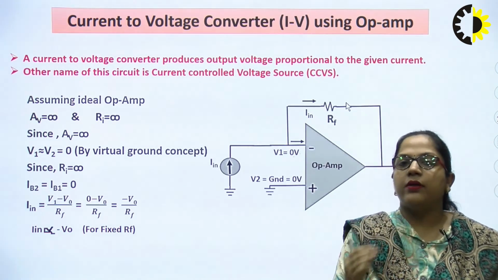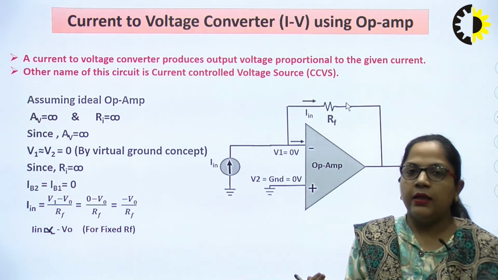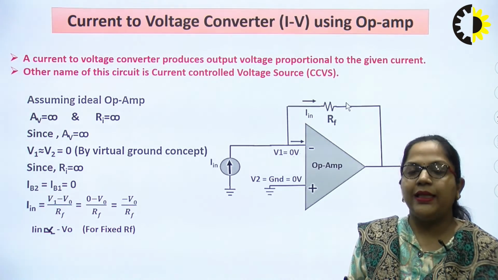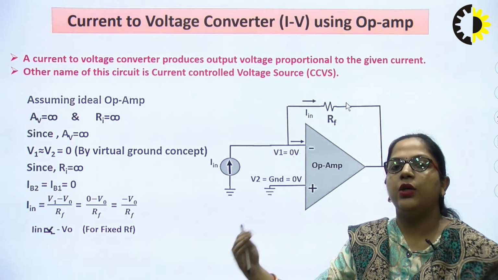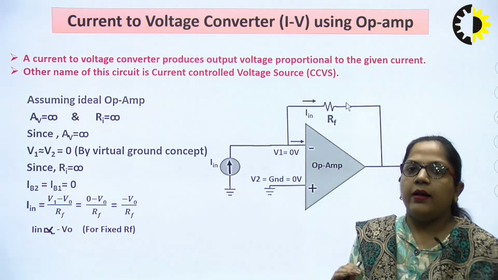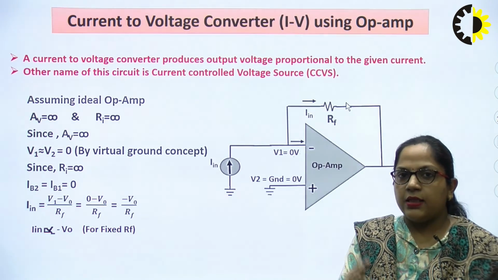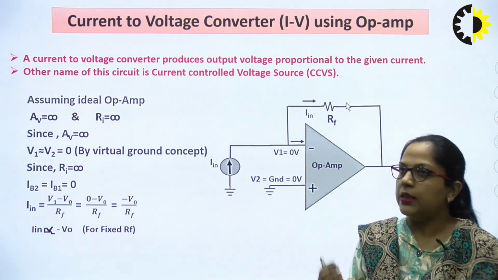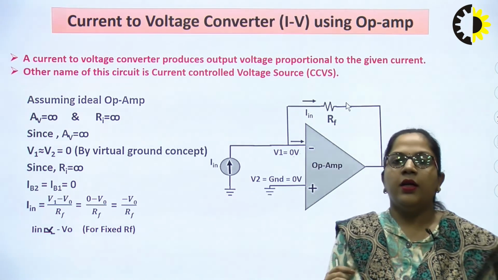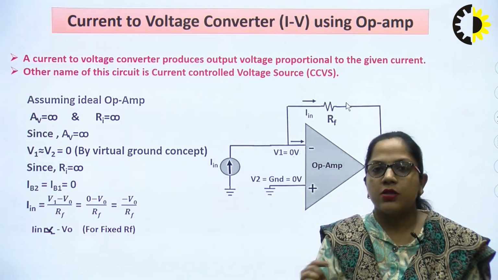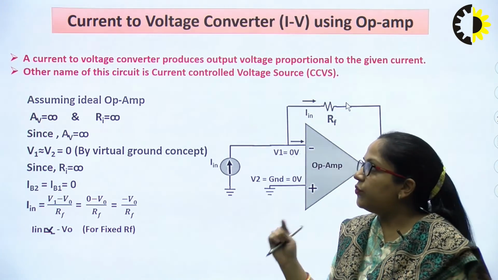The next is the I to V converter. In V to I converter, we have seen how we can convert the input voltage into its equivalent amount of current, and where we can utilize it. Here in the I to V converter, we have to perform just the opposite.